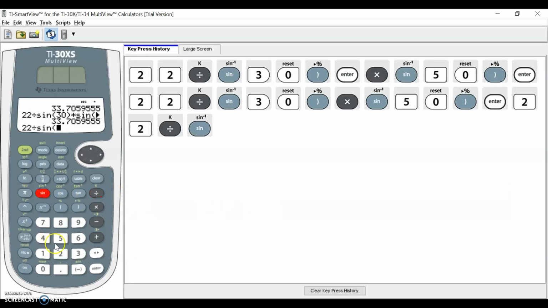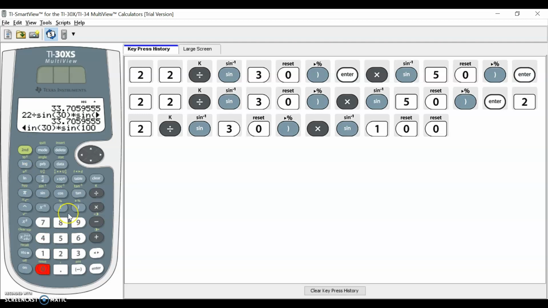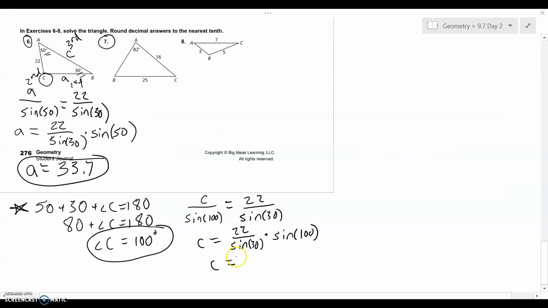So 22 divided by sine of 30 times sine of 100, and hit enter on that. And there we go, 43.3. And we have solved the triangle, 43.3. So that's our little side C. And we've got our side A, side C, angle C. We've got our triangle solved.